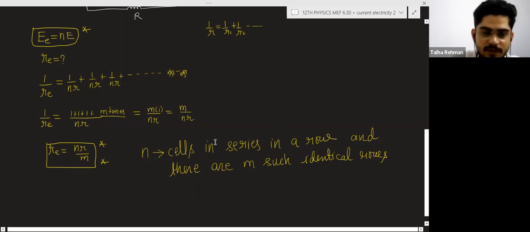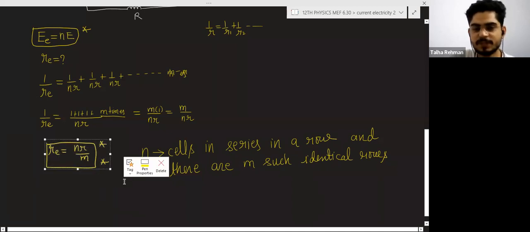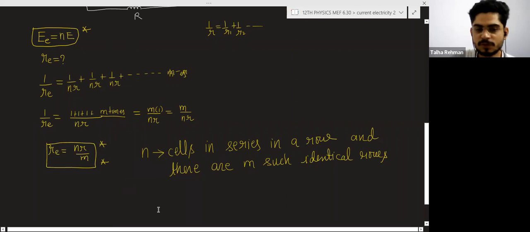Then you can see how this equivalent resistance is nr by m, and how you will apply this formula that I have derived.